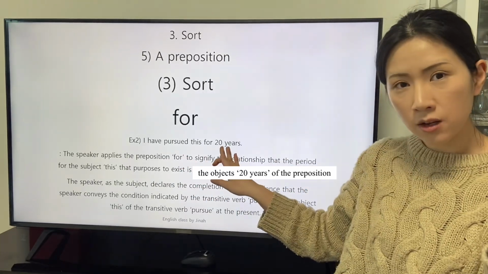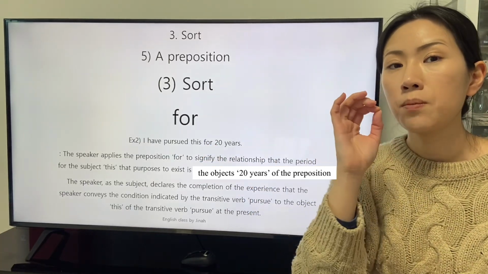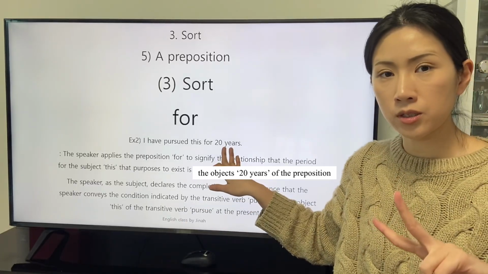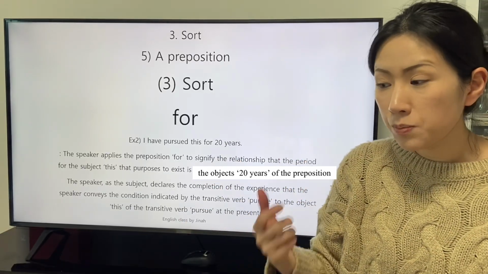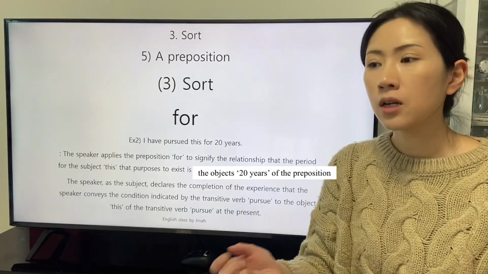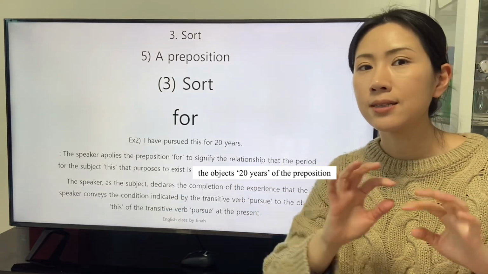The object of the preposition for reveals the period as 20 years. This clause that the speaker declares the completion of the experience reveals how long the period of the experience lasts.